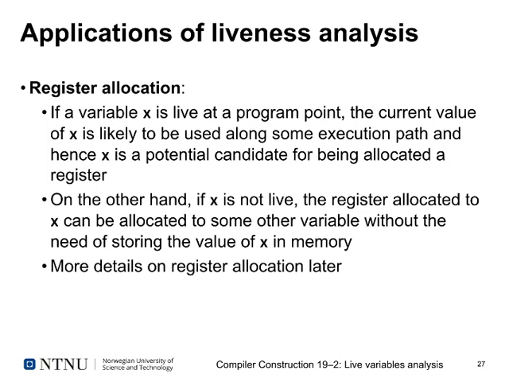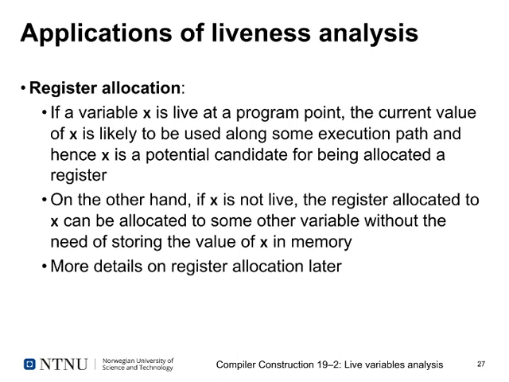We can say that variable x is a potential candidate for being allocated to a register, because storing it to memory doesn't make much sense right now, as we might need it right away in the next or one of the upcoming instructions. So keeping it in a register saves us quite some overhead, because we don't have to store it to memory and load it from memory soon after.